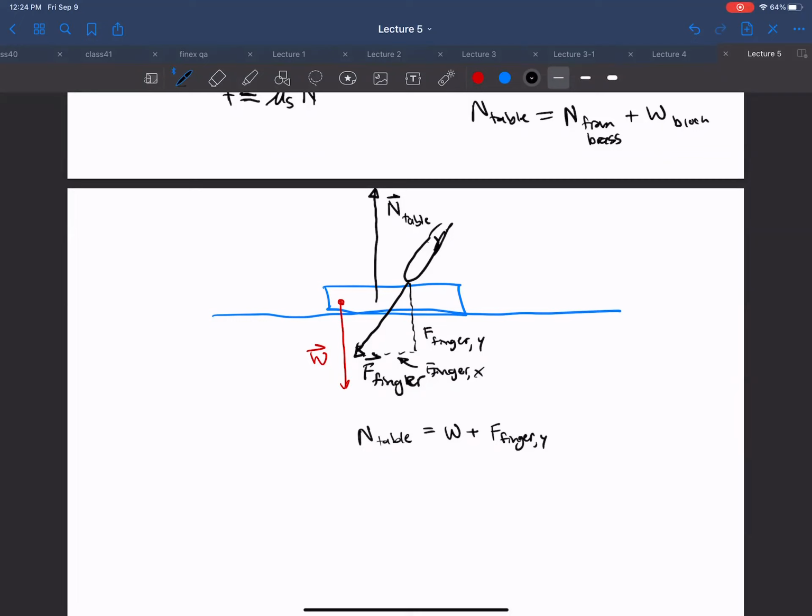Yes, which direction does the frictional force point? Yes, there has to be a frictional force pointing this way. And how does that relate in magnitude to anything else that I've already drawn?